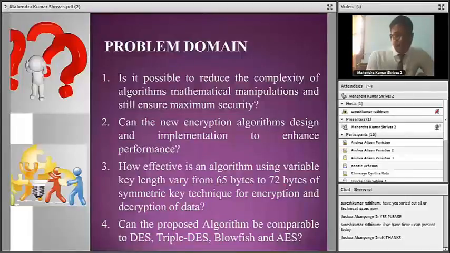And how efficient is an algorithm using variable key length from 65 bytes to 75 bytes of symmetric key techniques for encryption and decryption of data? Can the proposed algorithm be comparable to DES, triple DES, Blowfish and AES? Because that is very convenient and well proven technology. So is the new proposed algorithm going to be similar to that or not?